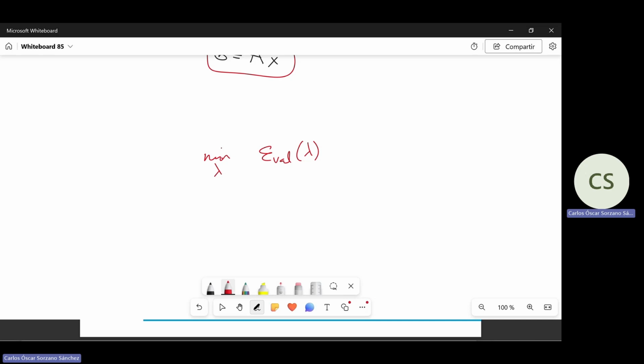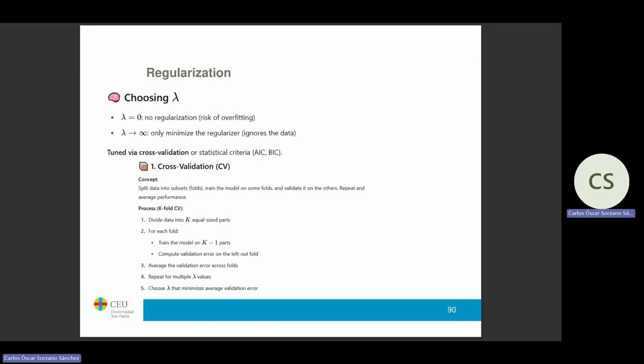So it is a minimization problem, and again, you know a lot of tools to do minimization. Here it is explained as a simple exploration, but you could approach it as a minimization problem and use any one of the techniques we already know.